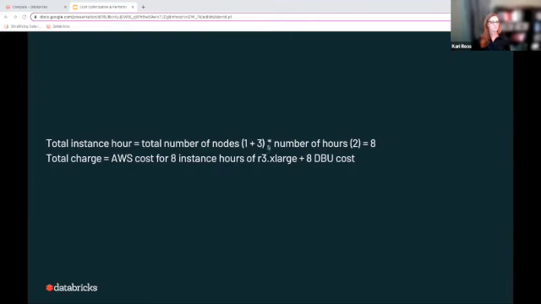So you've got 4 nodes in this example, where you have 1 driver and 3 workers, up for 2 hours, you get 8 DBU hours. And then your total charge, and this is an example if you have AWS for 8 instance hours and you're running on an R4 extra large, is the cost for the VMs plus the DBU cost.